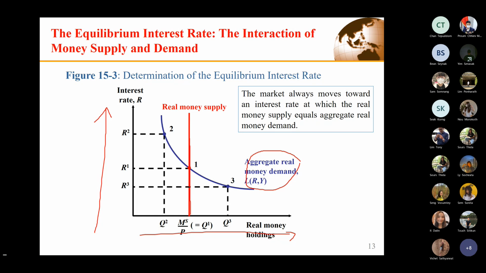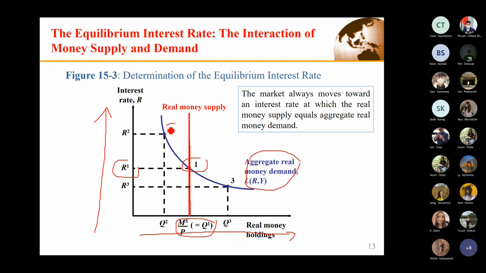So in this diagram, the equilibrium is at point 1, in which the interest rate equals R1, and the real money demand and real money supply equal Q1. In other words, the money allows people to buy a quantity of goods equal to Q1 in this economy. If it is not there, there will be a tendency to move to point 1.